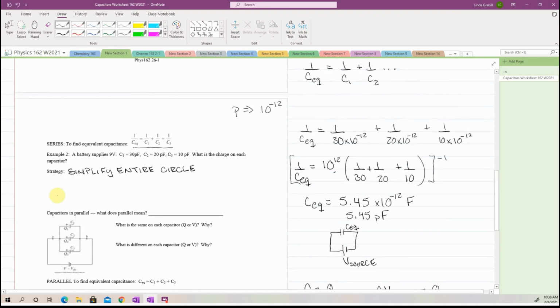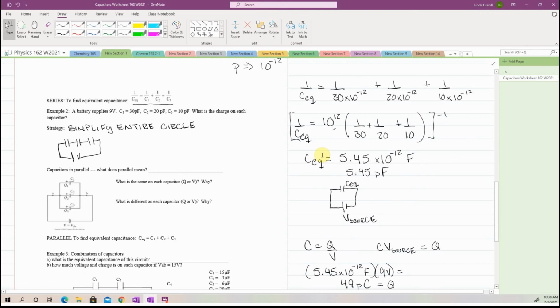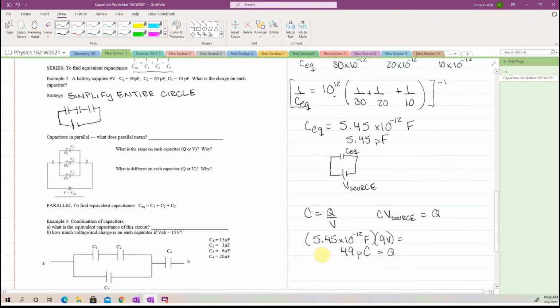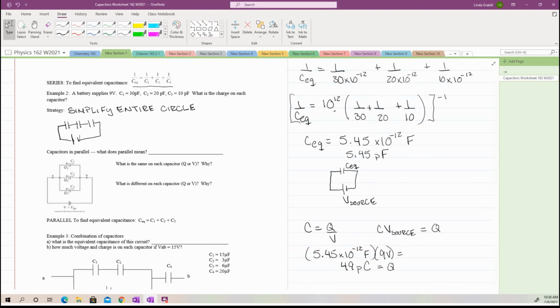So this system would be something like this. There's my battery start. I have 1, 2, 3. Notice this is just ever so slightly smaller than our largest capacitor. Excuse me. This is how much charge.